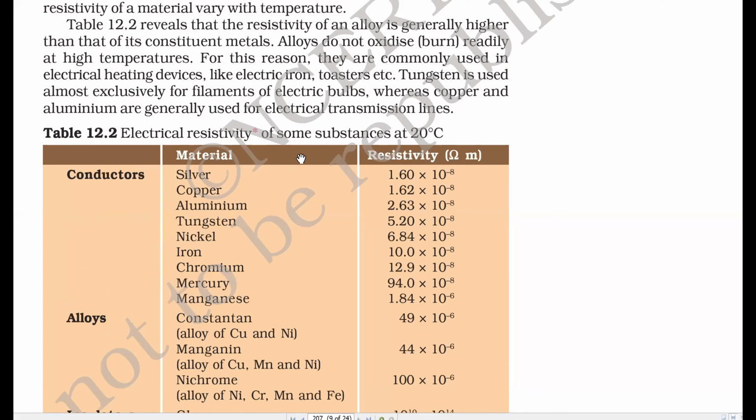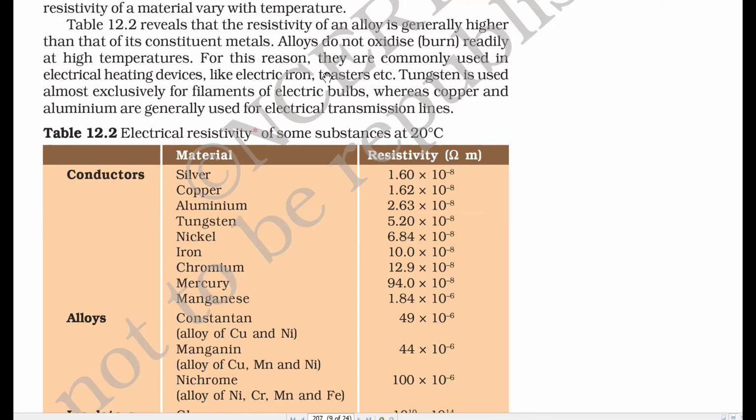Okay, now alloys do not oxidize or burn readily at high temperature. So because of this they are used in electric devices like electric iron, toasters, etc. This type of question is also asked, what is the reason that the heating element of electric heating devices like electric iron and toasters is made up of alloy.